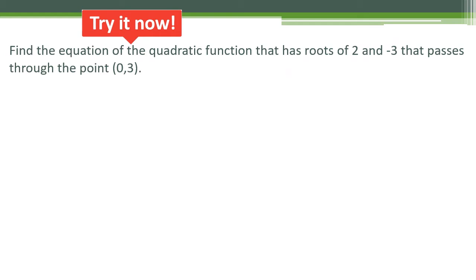For the next example, I want you to actually try this on your own. So this is your chance to practice. I want you to find the equation of the quadratic function that has roots of 2 and negative 3 that passes through the point (0, 3). So try that now, and I'll put on a little mood music for you in the background.